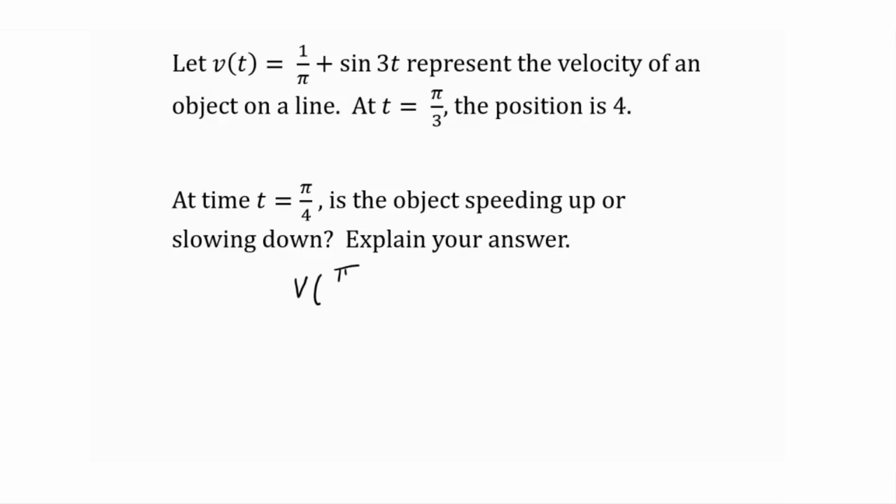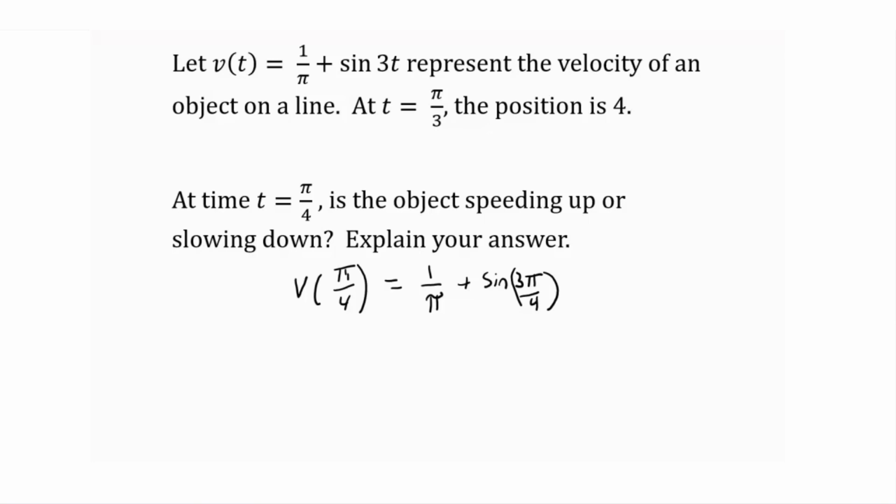All right, so let's check v of pi over 4. We're going to plug in pi over 4. So we get 1 over pi, and we know that's positive. Now remember, this is a non-calculator problem, so we can't just plug this into a calculator. So we would get sine of 3 pi over 4, and we have to determine whether this is positive or negative.